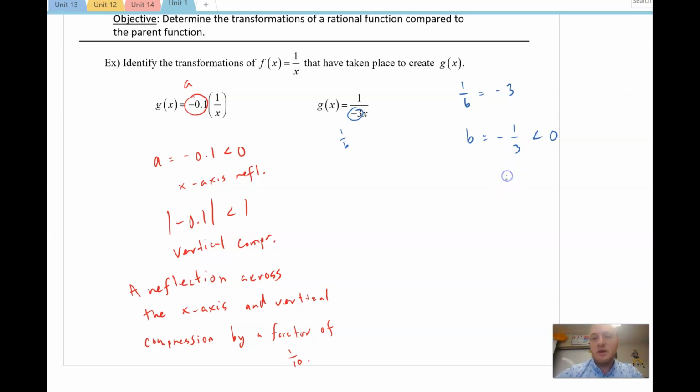So that means we are going to have a horizontal reflection, or a y-axis reflection. And then also the absolute value of negative 1/3, hey, that is less than 1, right? So that means horizontal compression.